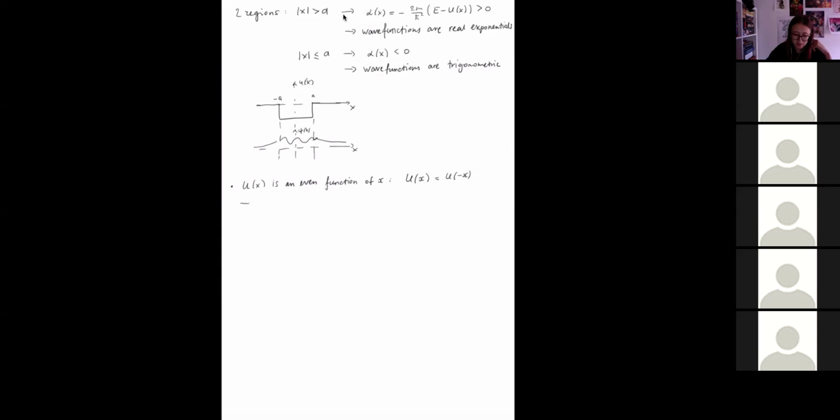And this actually gives us a pretty big advantage in finding the bound states, because it means that the bound states are either symmetric or antisymmetric. I'll give an explanation in a moment. So the bound states are symmetric or antisymmetric.